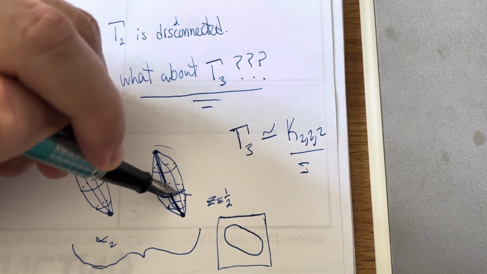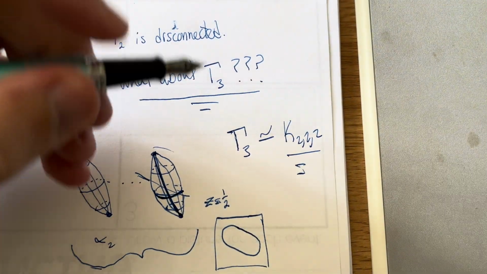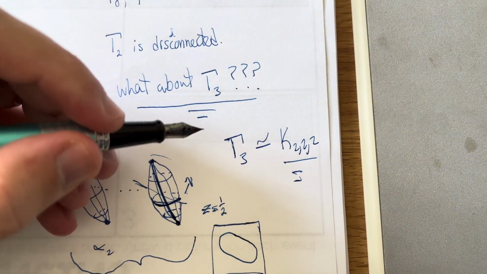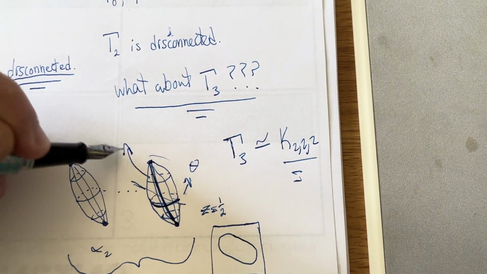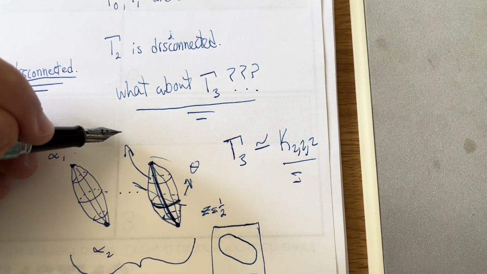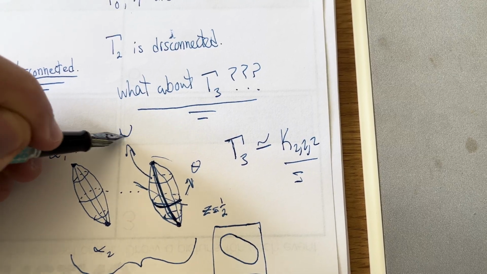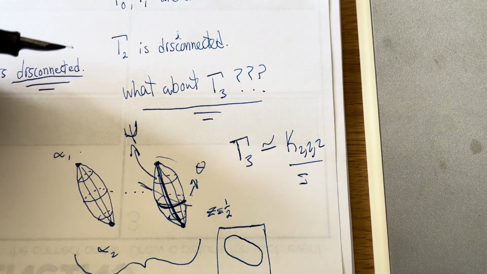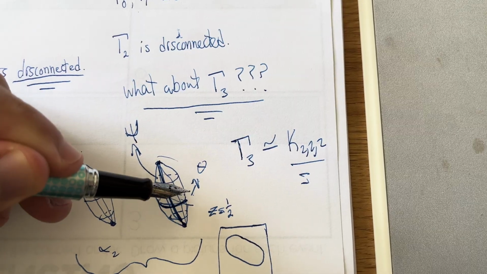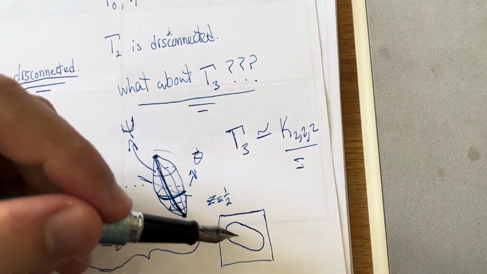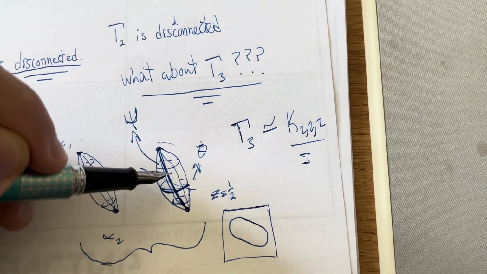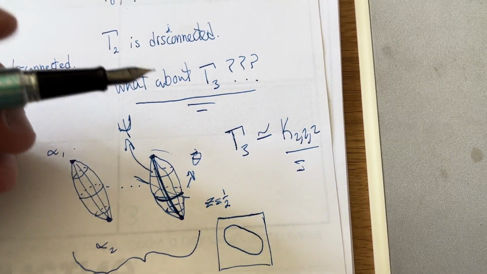This would be the angular coordinate of the metric. So we'll just denote that, maybe theta, and this is like, I don't know, psi. So action angle.